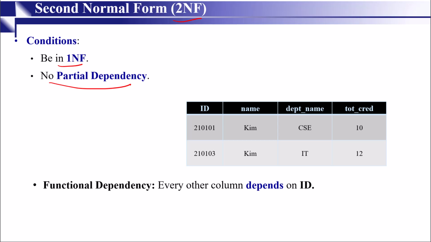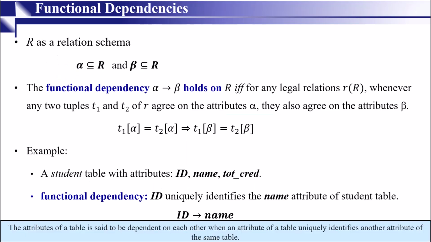So in this table, ID determines name, department name, and total credit. If department name depends on a subset of the key, that would be a partial dependency, which 2NF eliminates to reduce redundancy. It means every other column must depend on ID.